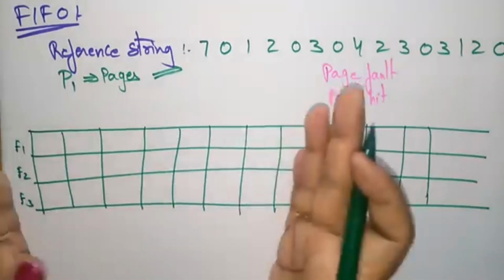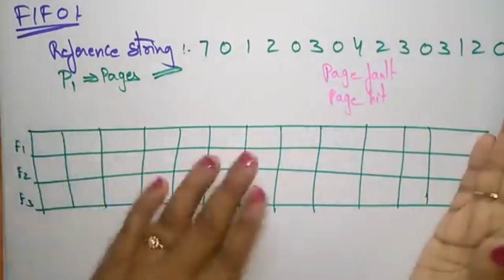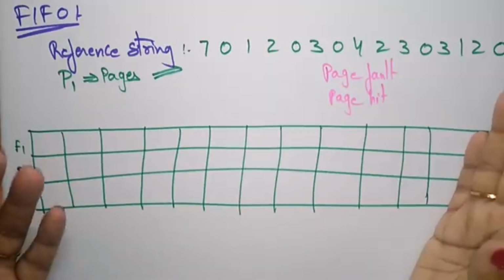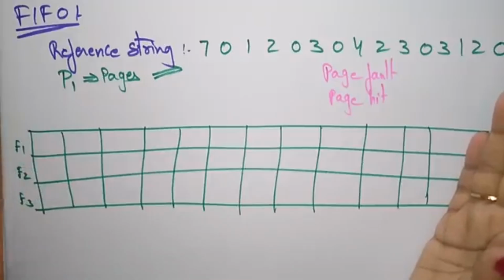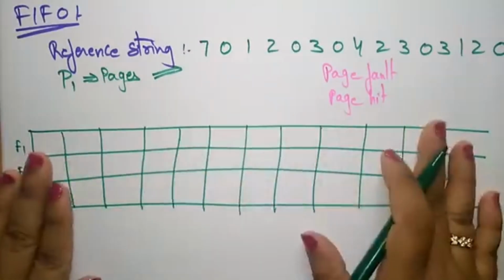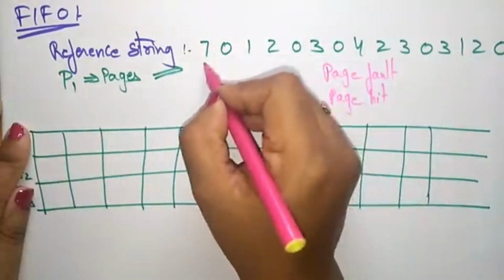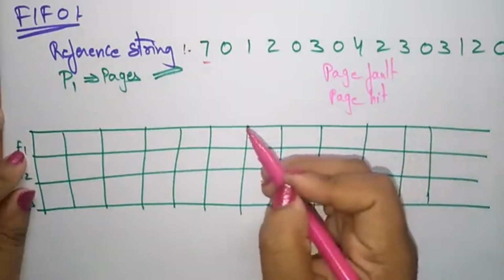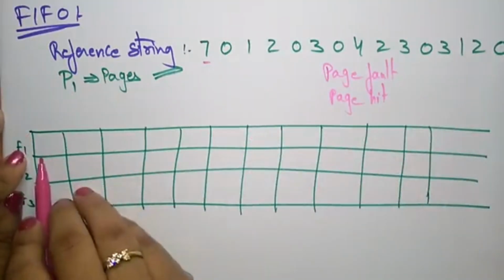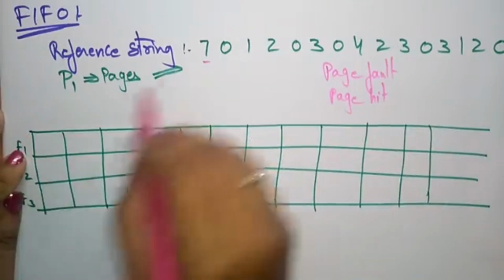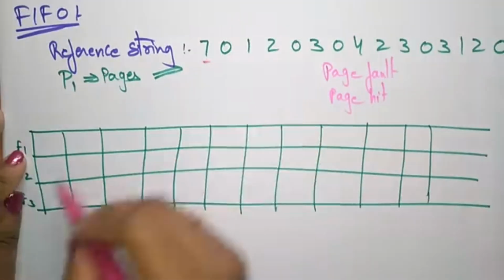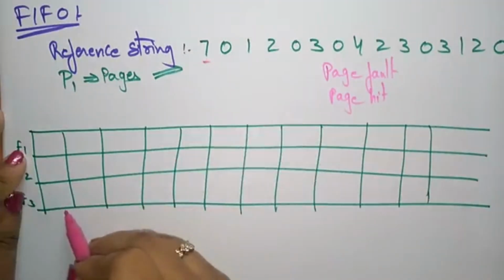Starting, the main memory is always free. Whenever you start the system, the main memory, that is the RAM, is free. Now the CPU is demanding first the 7th page. So it checks in the main memory. The reference string is page 7, and it is not present in the main memory.